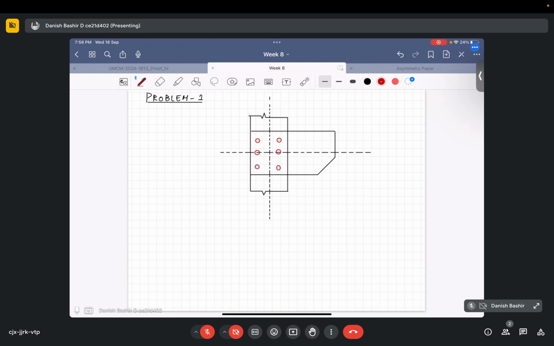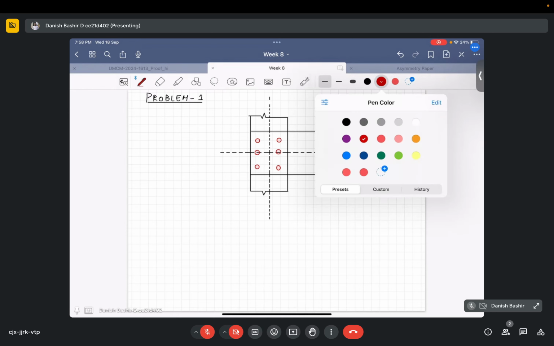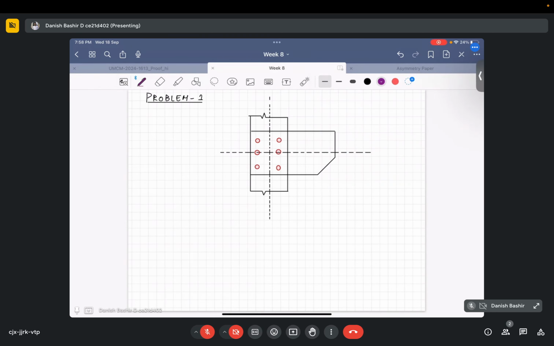So the end distance, this is given as 40 mm. All the dimensions are in mm. 40 mm, and this pitch gauge is given as 60 mm, 60, and this is again 40 mm.